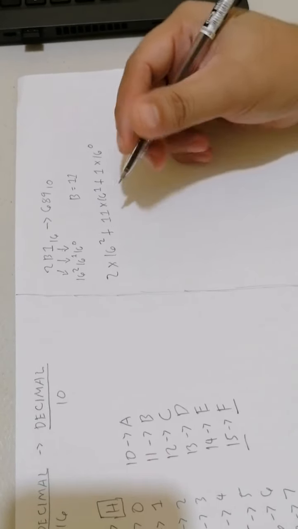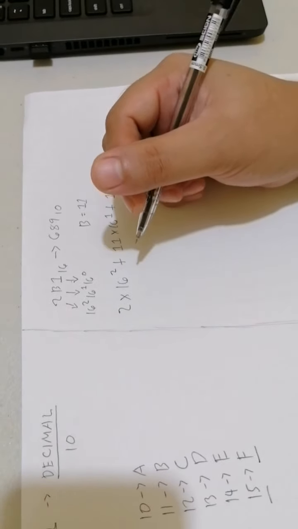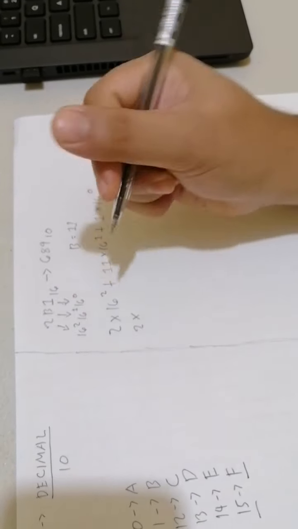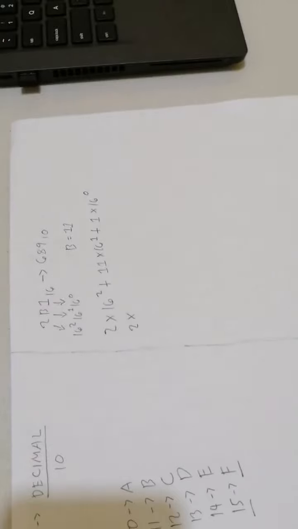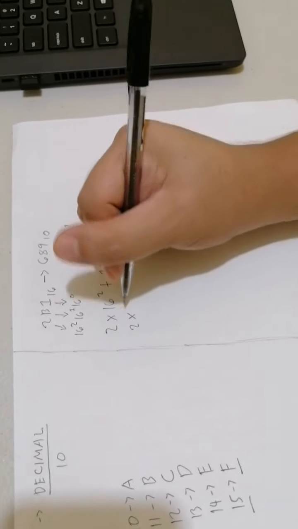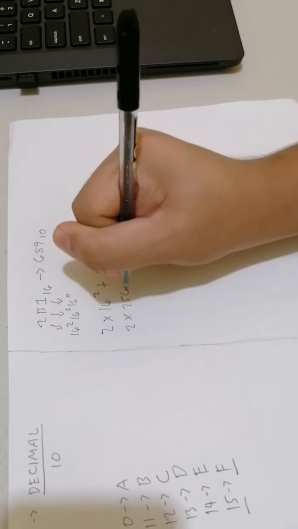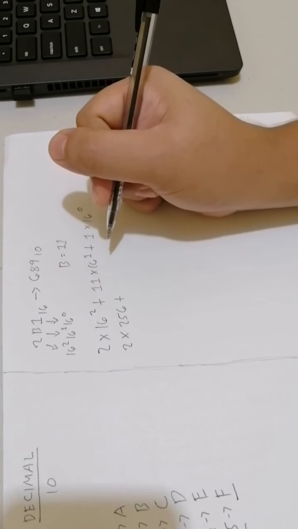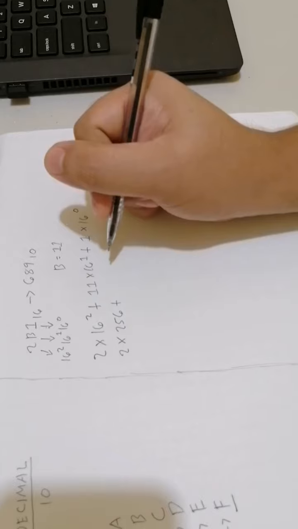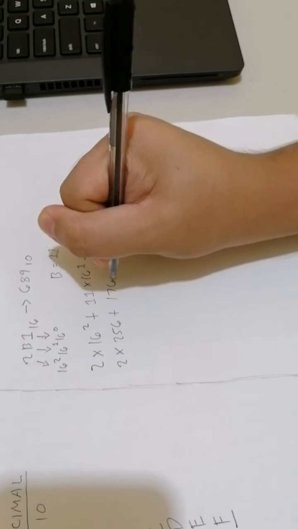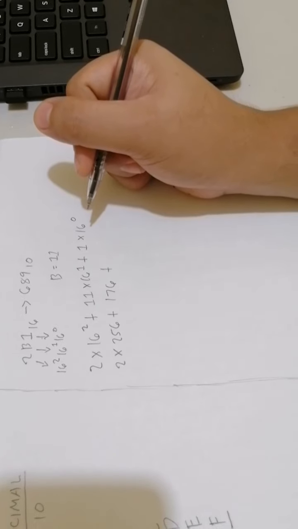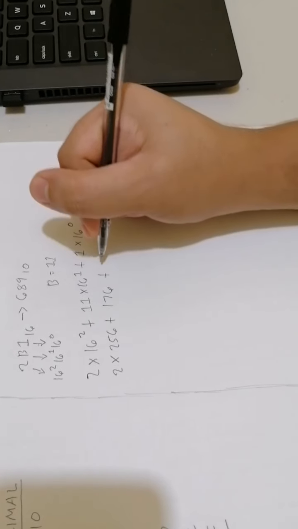So let's do the math. 2 times 16 to the power of 2 is 256, plus 11 times 16 to the power of 1 is equal to 176, plus 1 times 16 to the power of 0 is 1.